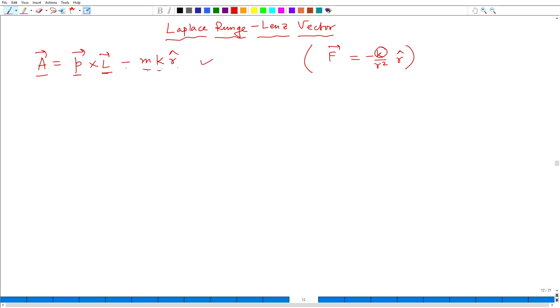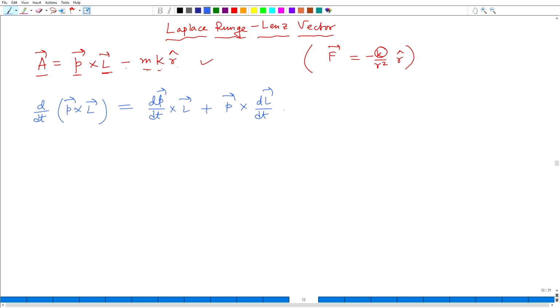Now, why is this conserved in a motion under an inverse square force? For that, we start by doing this demonstration. d/dt of p cross L, I can always write as dp/dt cross L plus p cross dL/dt.